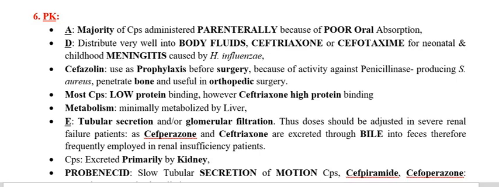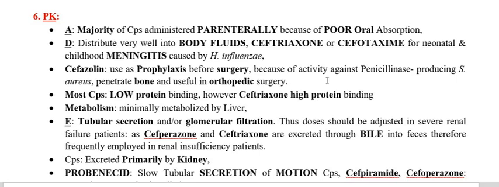As I earlier mentioned, drugs like cefotaxime and ceftriaxone reach the cerebrospinal fluid and are therefore used for the therapy of meningitis caused particularly by H. influenzae. Regarding cefazolin, this is a first generation cephalosporin used as a prophylactic measure before surgery.